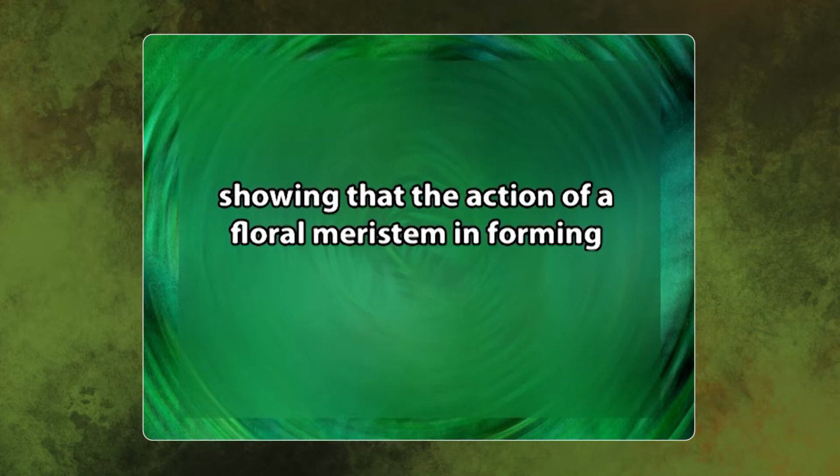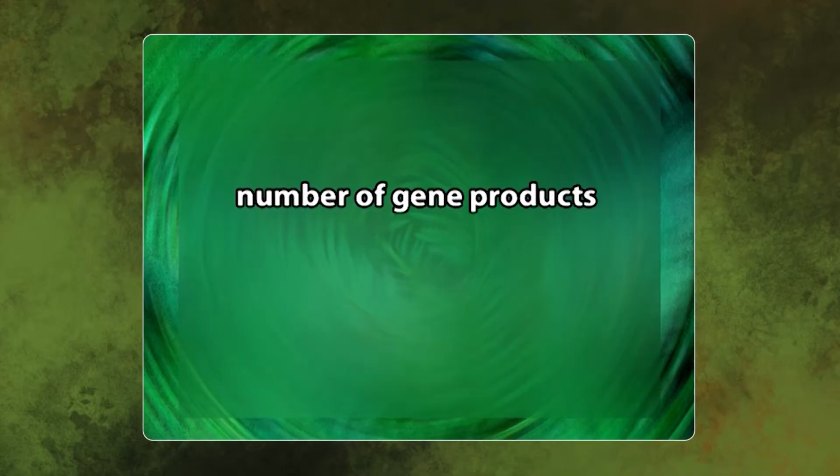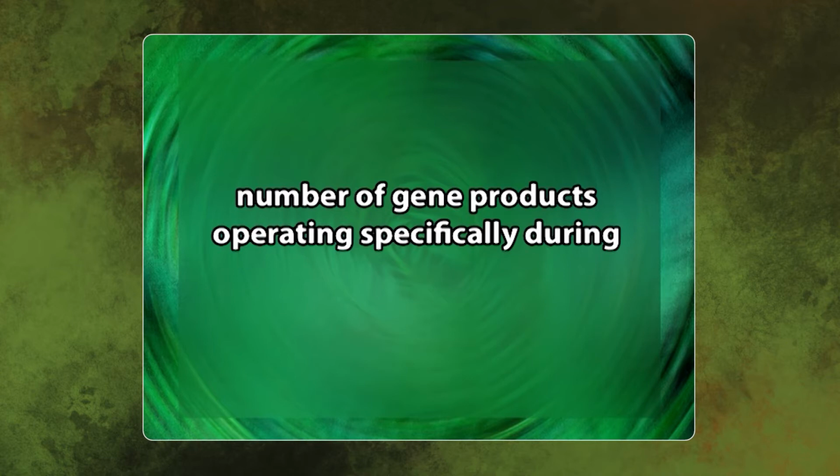This idea of a common underlying mechanism has been substantially reinforced by recent findings showing that the action of a floral meristem in forming floral organs has considerable similarity to that of a shoot apical meristem in producing leaves. Nonetheless, it is also clear that there are a number of gene products operating specifically during flower development.